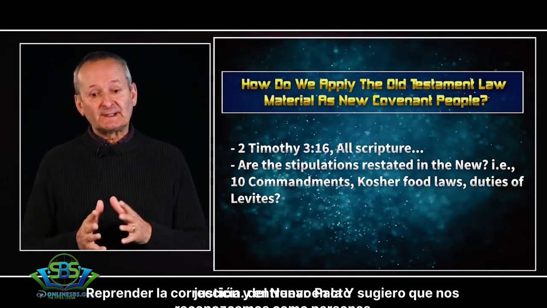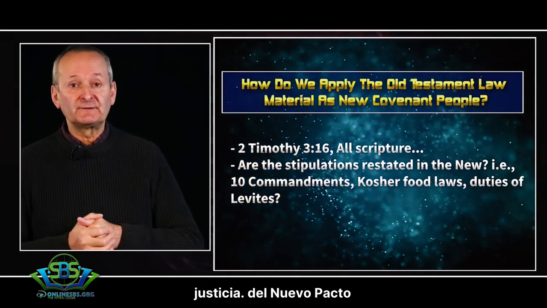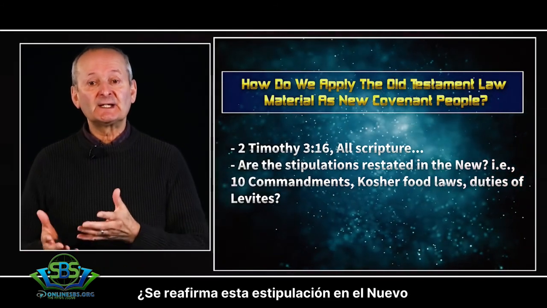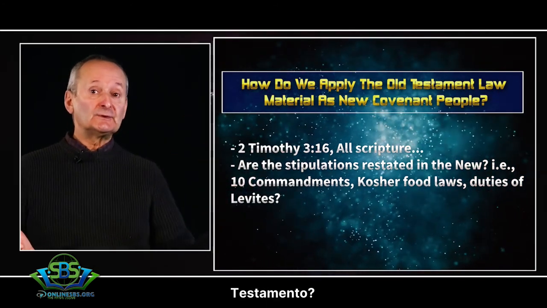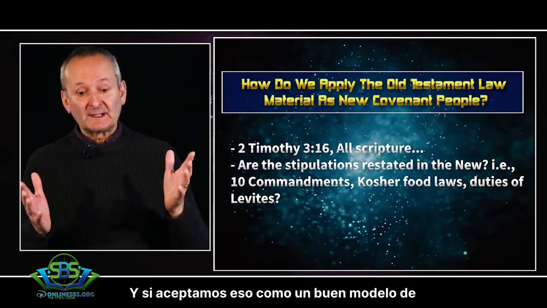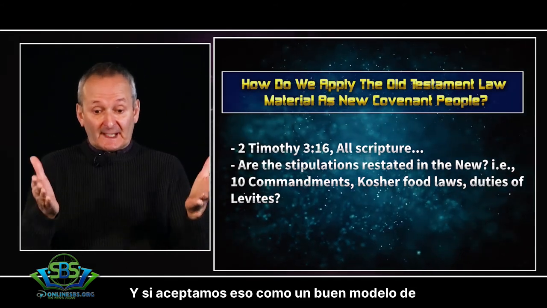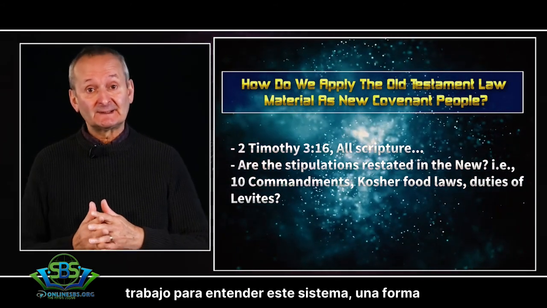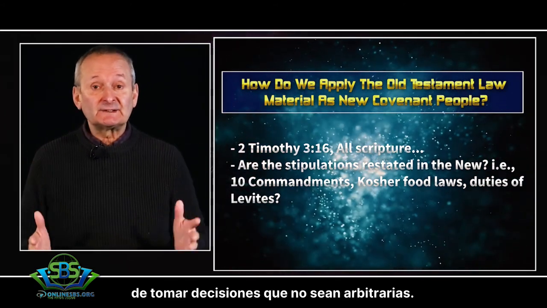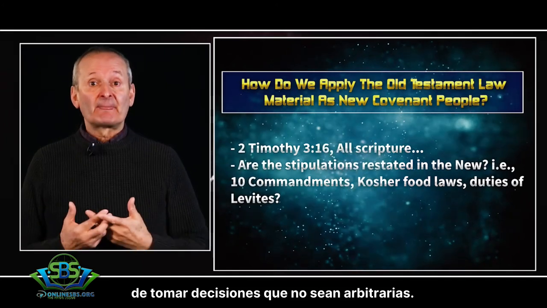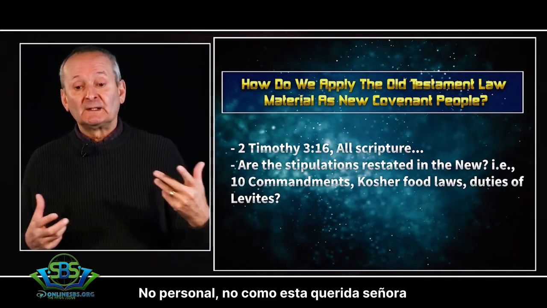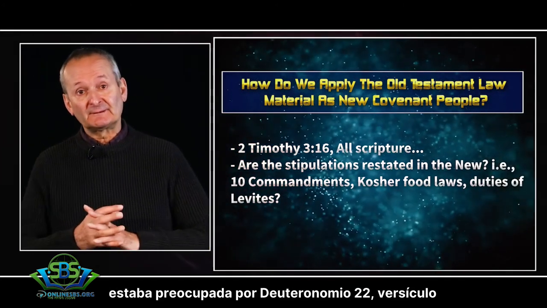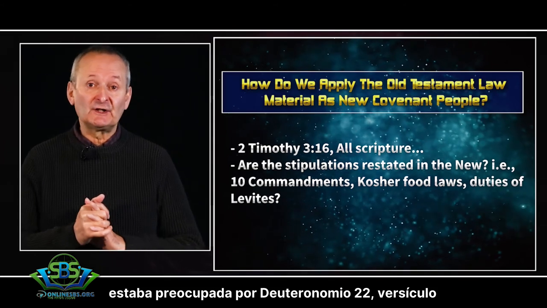And so I suggested that we recognize we're people of the new covenant, and what we do is we ask the question, is this stipulation in the old restated in the new? If we accept that as a good working model to understand this system, a way to make decisions that are not arbitrary, not personal, not like this dear lady I spoke about in the last session, who was concerned about Deuteronomy 22 verse 5.